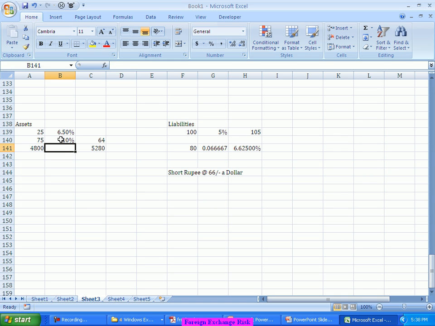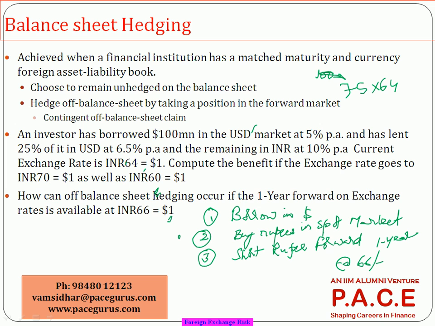And I am assuming that this will definitely give me a 10% return. So even adding that, I will short for these many rupees. I'll enter into the futures or forward currency market, wherein I'll short 5,280, that is 5,280 million rupees, in a 1 year forward market at 66 rupees a dollar.